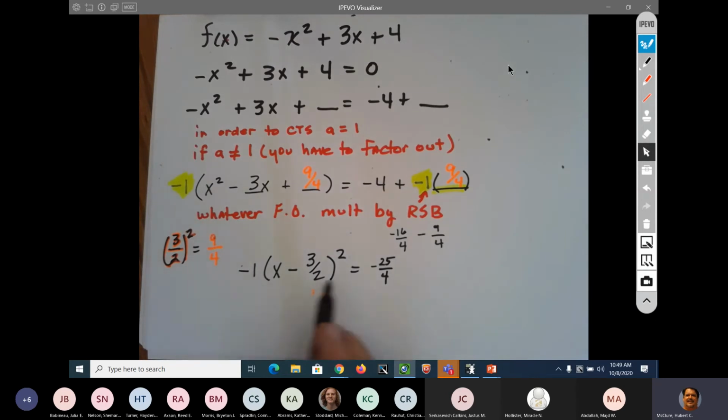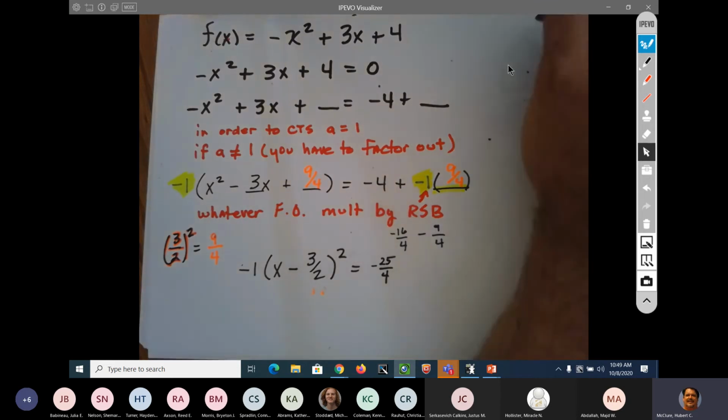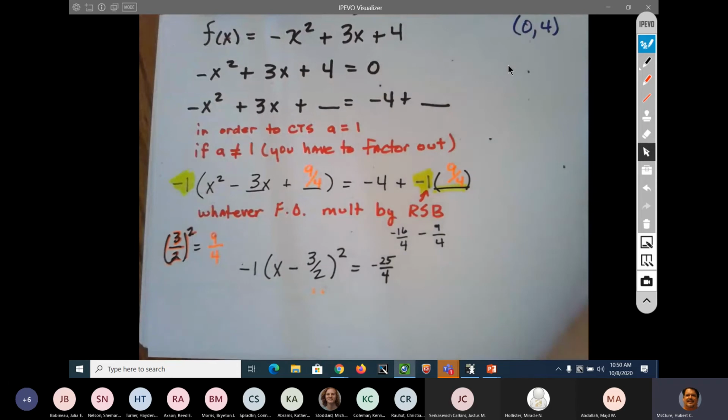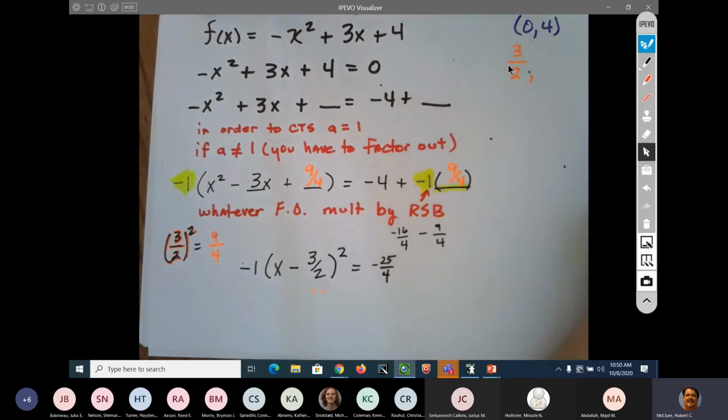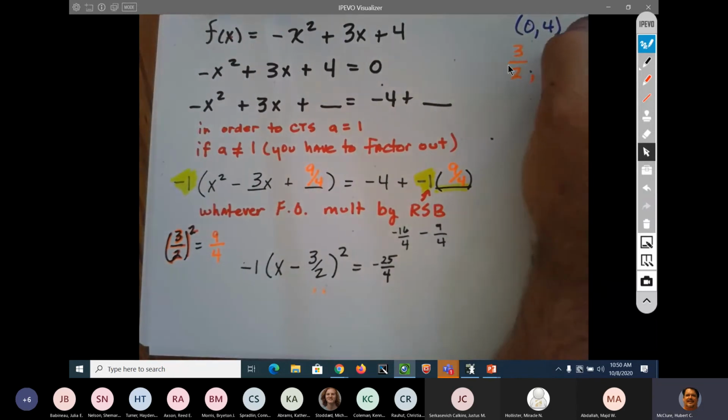And now this is our setup for the vertex, or vertex form, and a y-intercept. We already got our y-intercept. Y-intercept is (0, 4). And our vertex is (3/2, 25/4).